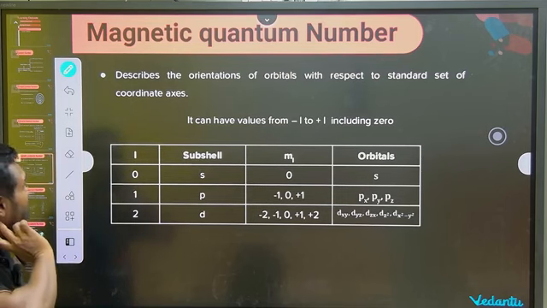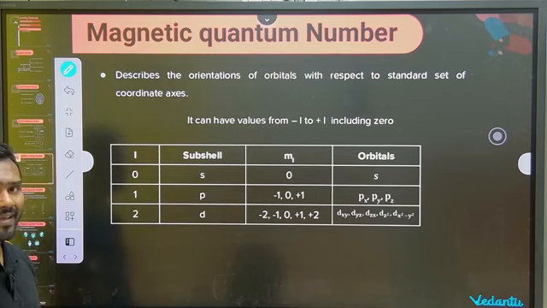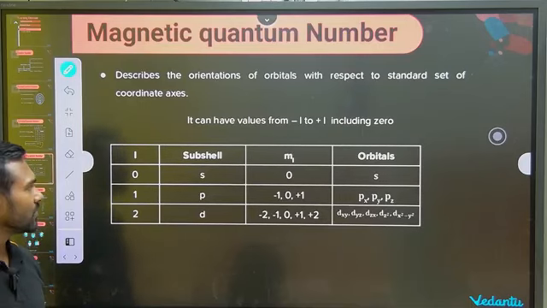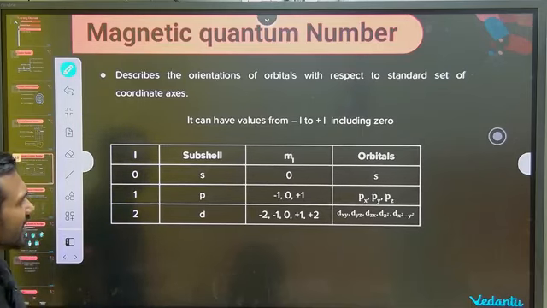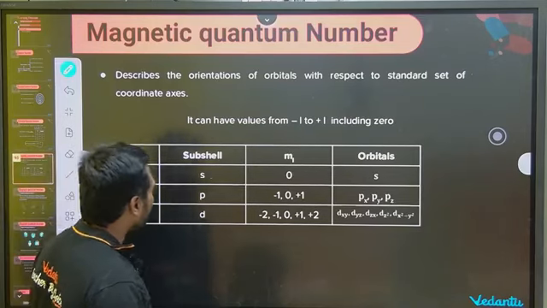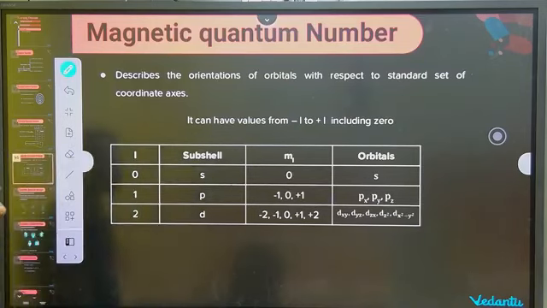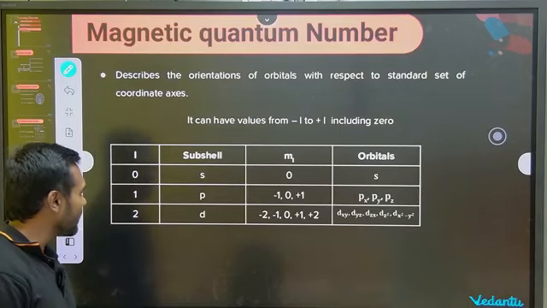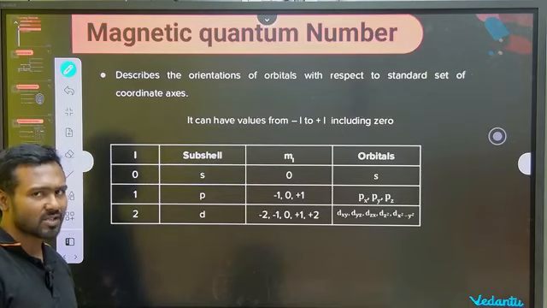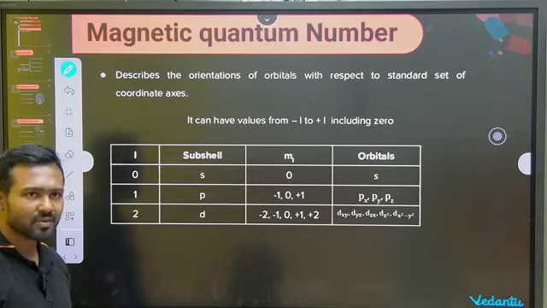This is represented with m, the magnetic quantum number, and the values range from minus L to 0 and plus L. Minus L to plus L including 0. So for s orbital, its value is 0, only one value. And for p orbital, there are 3 values, that is minus 1, 0, plus 1. And for d orbital, minus 2, minus 1, 0, plus 1, plus 2.